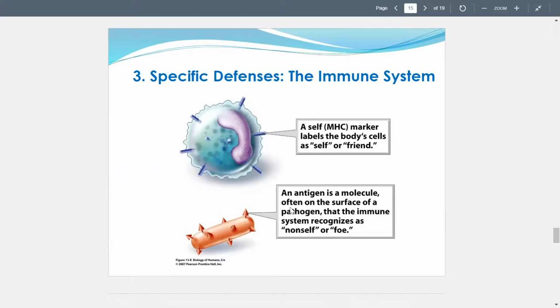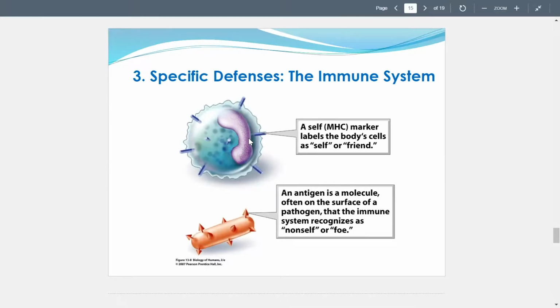Going back to this slide, a self-MHC marker labels the body's cell as self or friend, and an antigen is a molecule often on the surface of a pathogen that the immune system recognizes as non-self or foe. This image is saying our cells have MHC markers in our cell membranes that help distinguish good cells from bad bacteria cells.